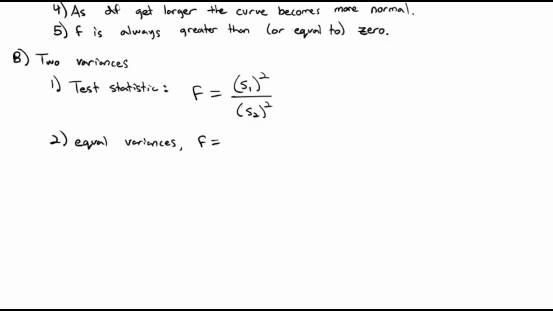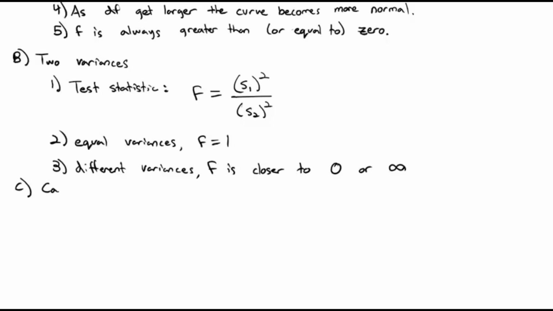If we have different variances, F is closer to 0 if the second variance is larger, or infinity if the first variance is larger. We'll use our calculator actually to do most of the work for the F statistic.